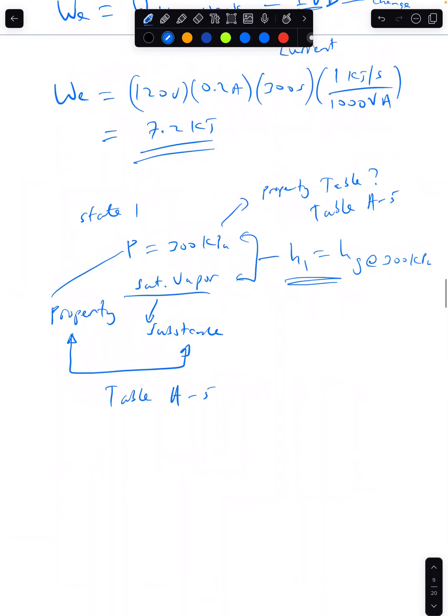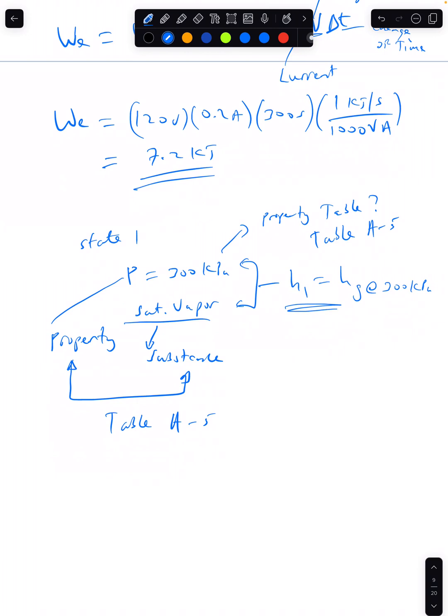So I come here now, and this becomes 2724.9 kilojoules per kilogram. And that is the property table value which I have.